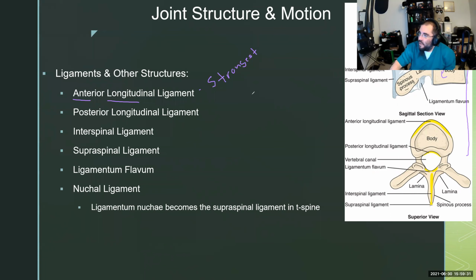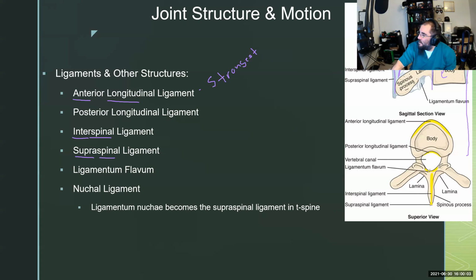If we have an anterior longitudinal ligament, then we also have our posterior longitudinal ligament, which runs around the back side of the bodies. We also have our interspinal ligament, that is going to go between the spines, the interspinous process ligament, right? We have our supraspinal ligament, supra meaning above or on top of, that runs on top of the spinous processes.